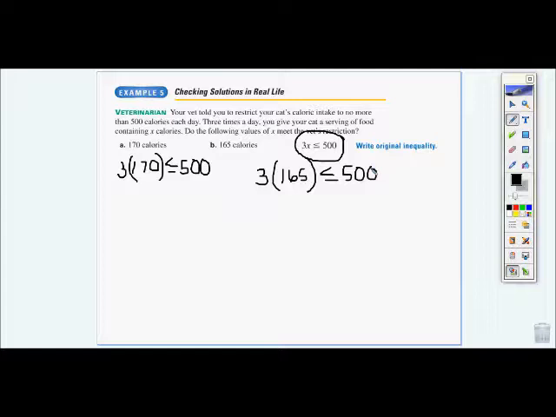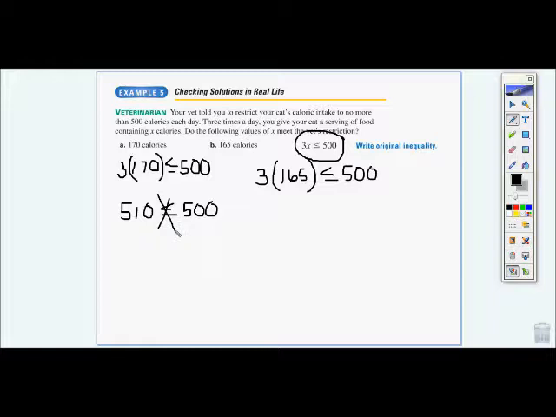So the 3 times the 170 comes up to 510. That is not less than or equal to. Same symbol, just crossing that out. If you feel like that's hard to read, you can also do an X over the top of it. It just depends on how clear you write.